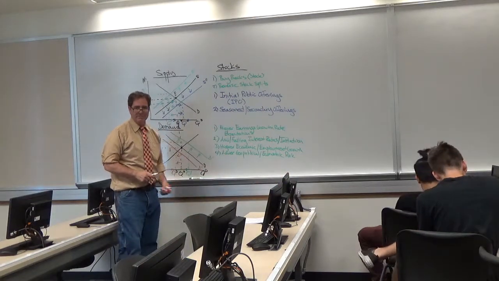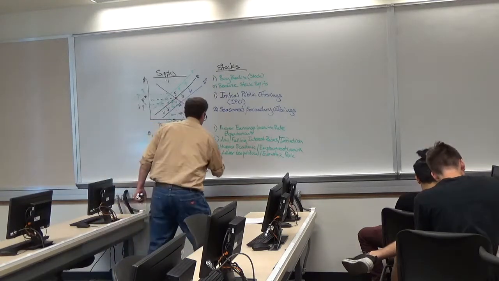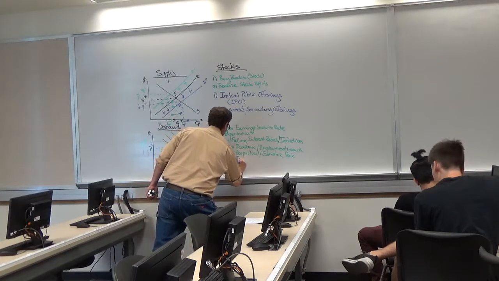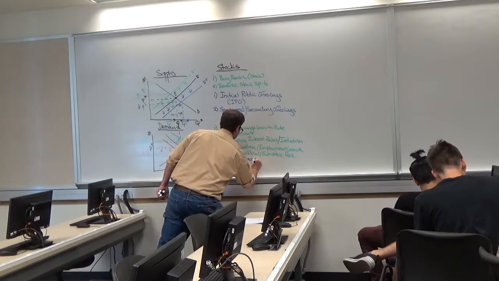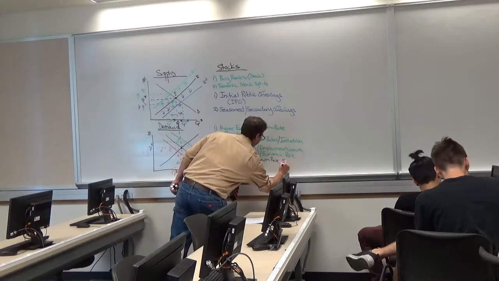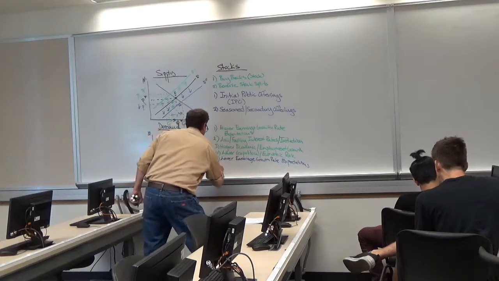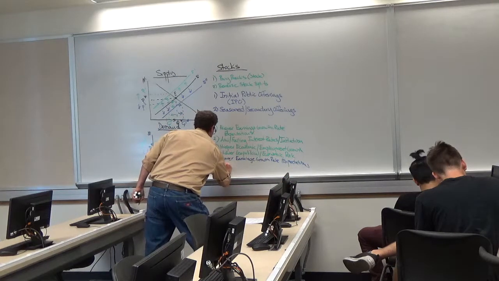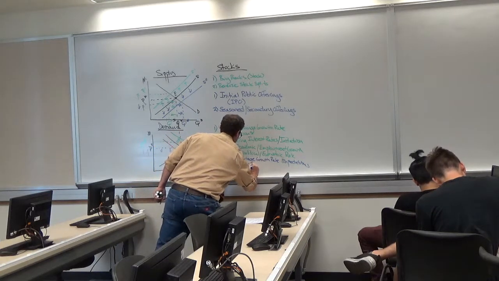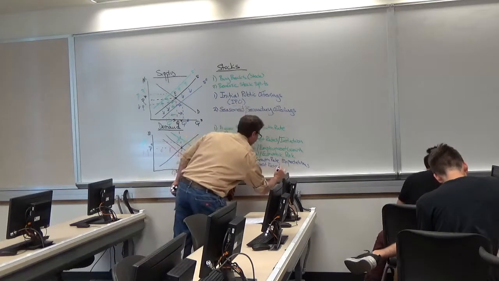Now what you do is you just flip it. Okay. You just do the opposite. You just write the opposite. So it's going to be lower earnings growth rate expectations, higher or rising interest rates and inflation.